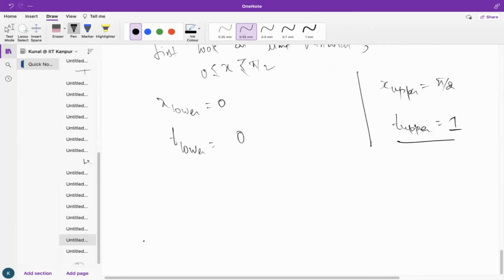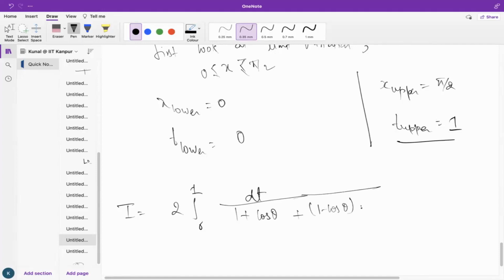Now our integrand looks like 2 into integral from 0 to 1 of dt divided by cos theta plus (1 minus cos theta) into t square. Cos theta is the constant term. I hope you all understand what I am doing here.